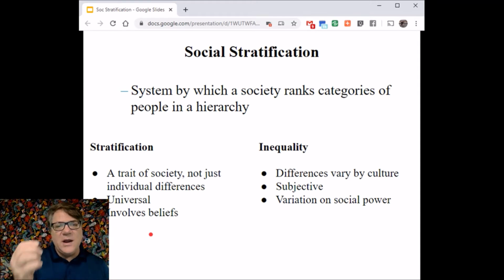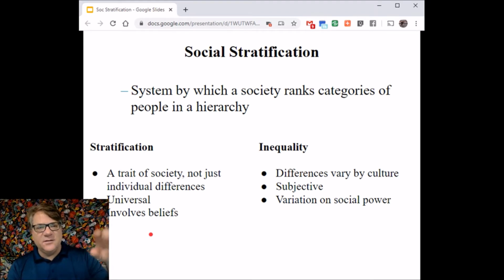But the degree by which you have stratification, that's what we're going to call inequality, okay? And so as you see here, inequality varies by culture. So we've got this objective idea of stratification. Any society you go to where people live together, you're going to have stratification. That's how human societies function.